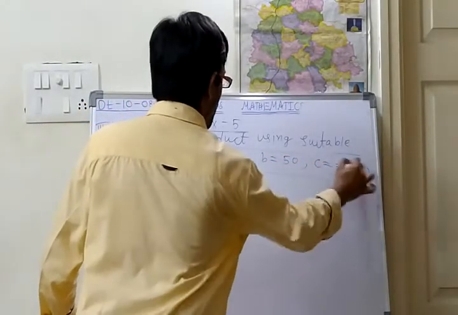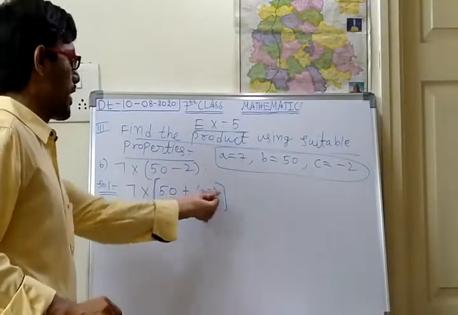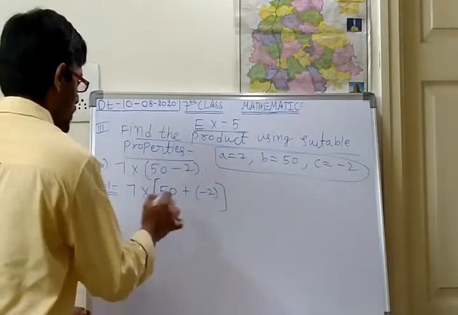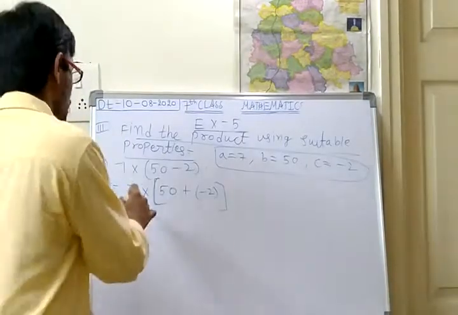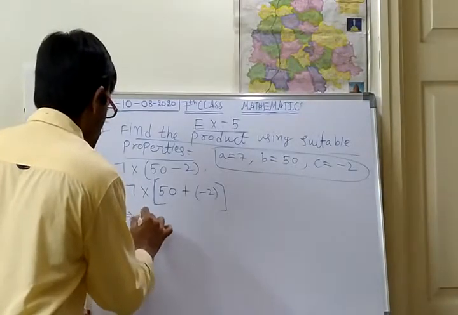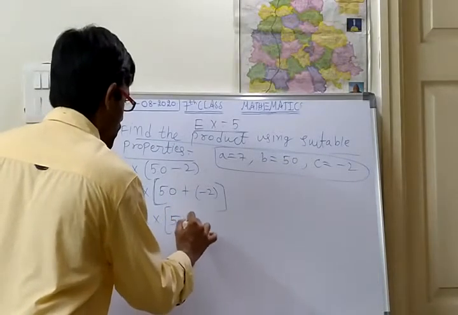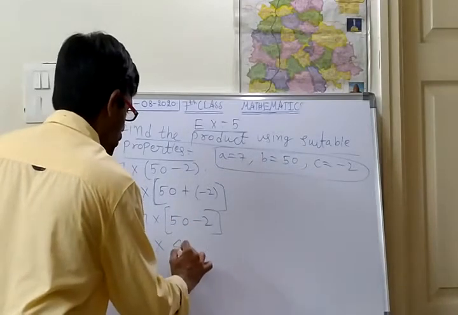So A into B plus C becomes A into B plus A into C. Or else directly also you can do: 7 into 50 plus of minus 2. What is 50 minus 2? 7 into 48.